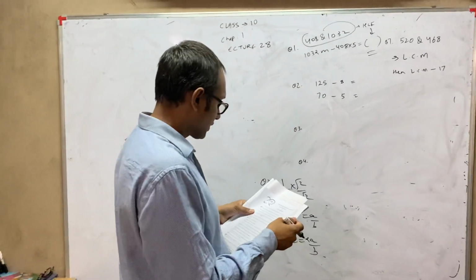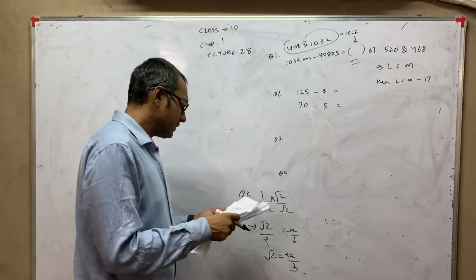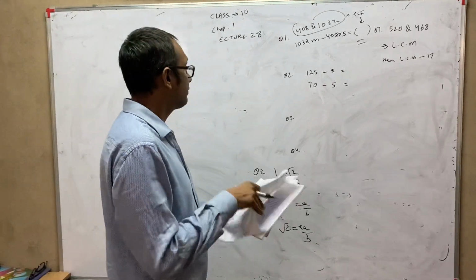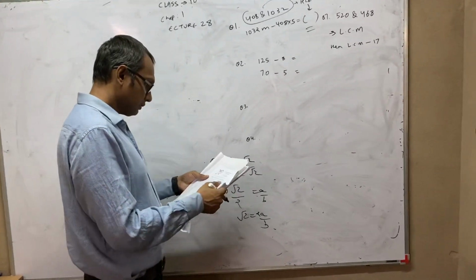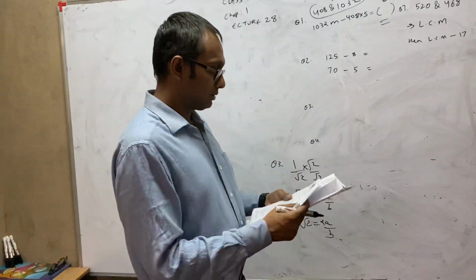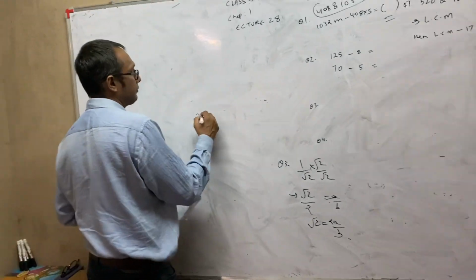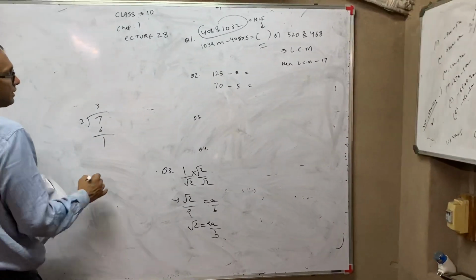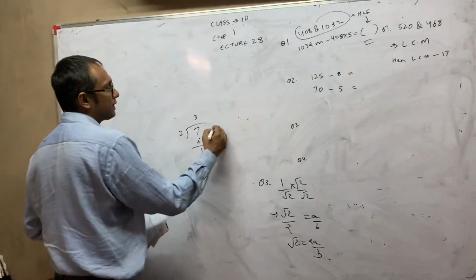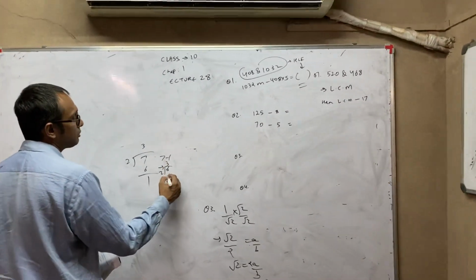Question number 2, find the largest number which divides 70 and 125, leaving the remainder 5 and 8. The first step we have to do, the remainder: suppose you are dividing 7 by 2, 2 3s are 6, remainder is 1. Now if we subtract this remainder from 7, then the number becomes totally divisible by 2, 2 3s are 6.